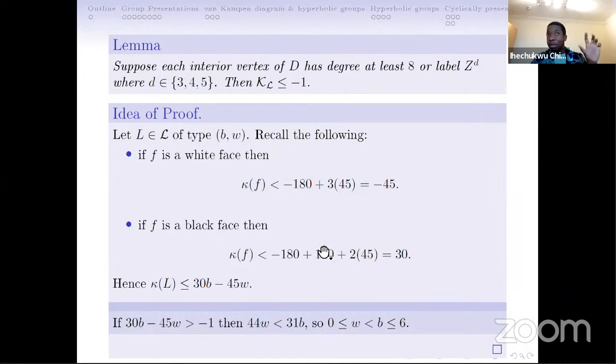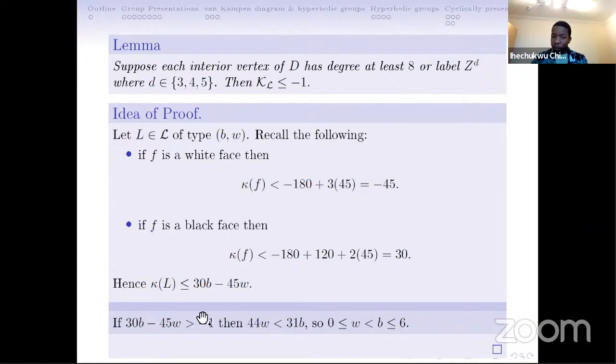So it has to have one vertex of degree less than or equal to 6. So we take the smallest degree, which would be 3 in that case, and the angle there will be 120. But the rest cannot have any black corners. Sorry, it has a corner which is not black. Therefore, it has to be at least 8. That's why I have 45 here, and you get 30 here. So the curvature of this thing is going to be 30 per black face minus 45 per white face.